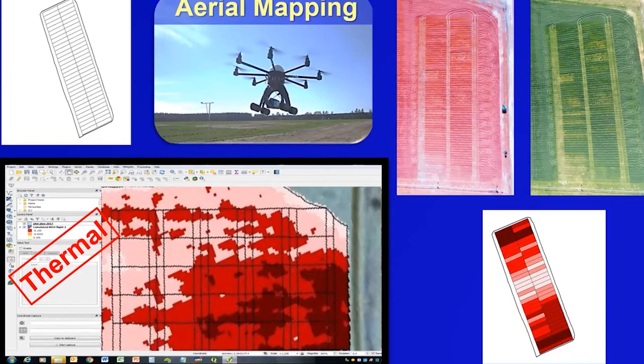Maybe we can compensate for that. If we collect thermal imagery, it will show us some areas with lower temperature, which will have higher moisture content, or some areas with higher temperature, which will maybe have higher organic matter. It will reveal some information if you can interpret it.